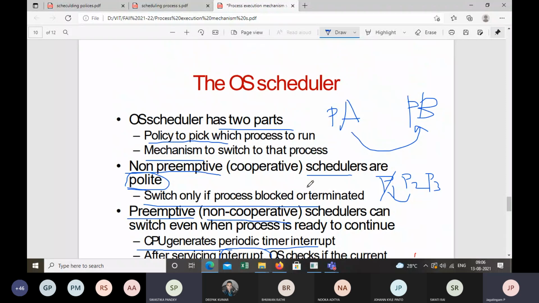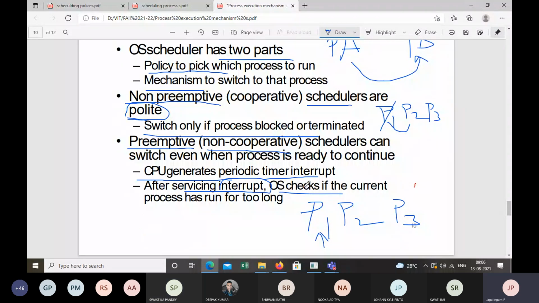Here, who does this scheduling? Everything is set up by the operating system, so we call it the operating system scheduler. The CPU only executes the instructions.